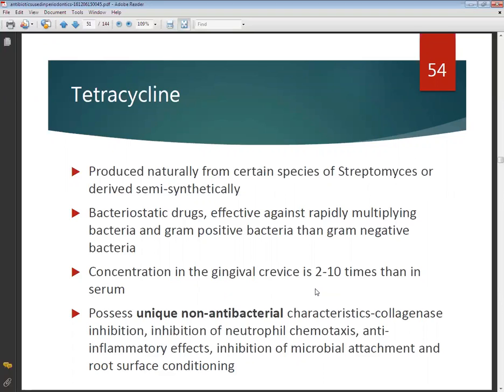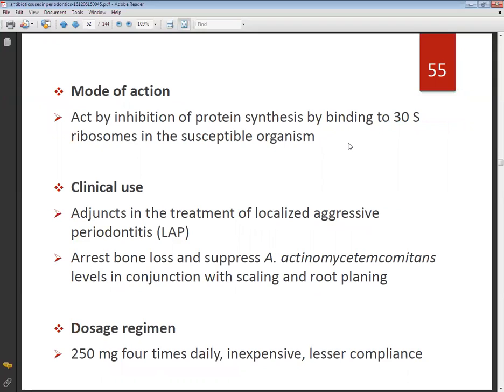Its concentration in GCF is found to be 2 times greater than in serum. The mode of action of tetracycline is inhibition of protein synthesis. It binds to the 30S ribosome, which will inhibit the growth of bacteria.